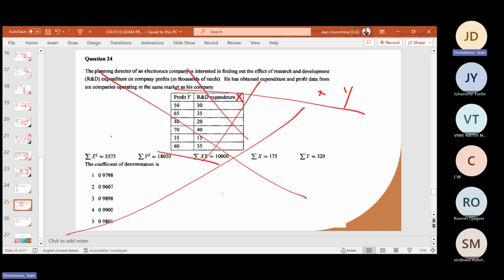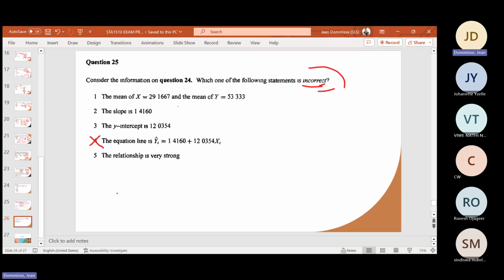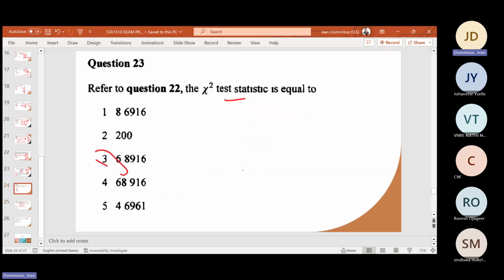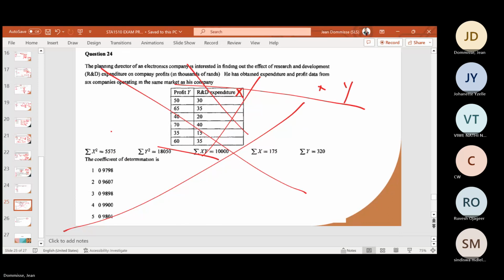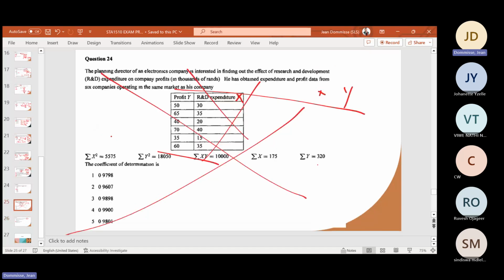If you look at these two, the mean of x, divided by 1, 2, 3, 4, 5, 6, 32 divided by 6 is about 5.